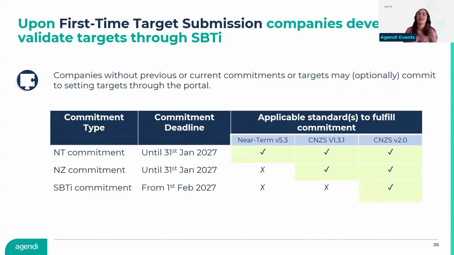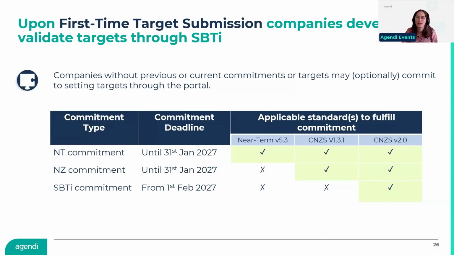For companies without previous or current commitments or targets, so maybe you're thinking about setting a target or thinking about committing more specifically, you can optionally commit in the portal itself. For these companies, you would still have the option to commit separately to near-term and net zero targets through V1 through January 31st, 2027, as is shown here. Of course, be mindful of the dates you're actually submitting the target.